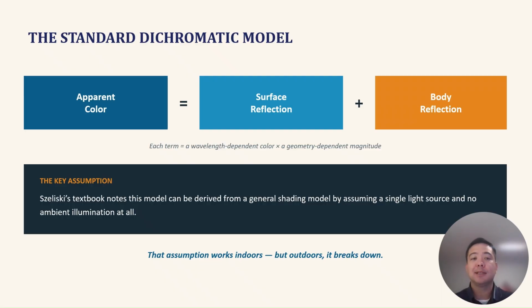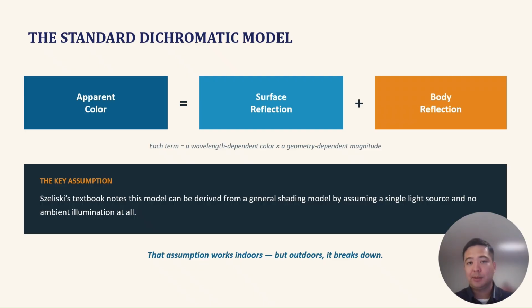The model says the color we see is made up of two parts added together. Surface reflection, which is light bouncing directly off the top, and body reflection, which is light that went slightly under the surface and picked up the material's actual color.